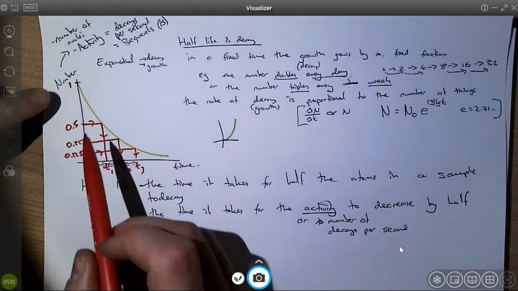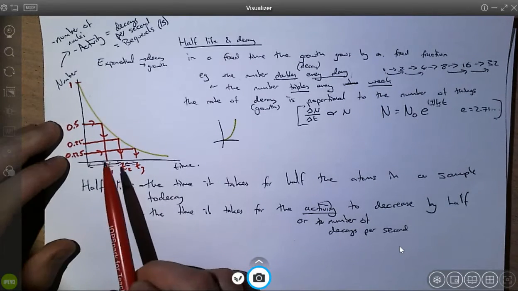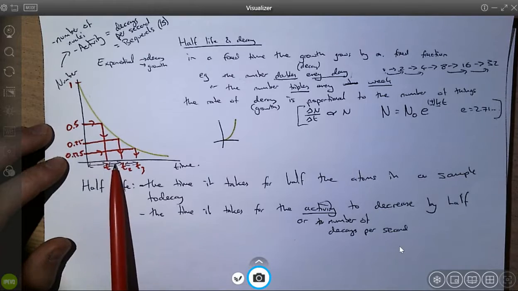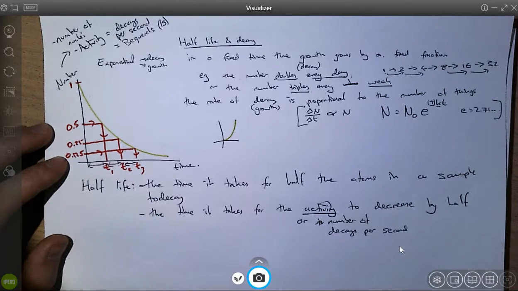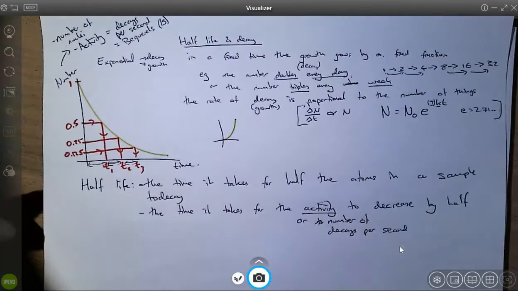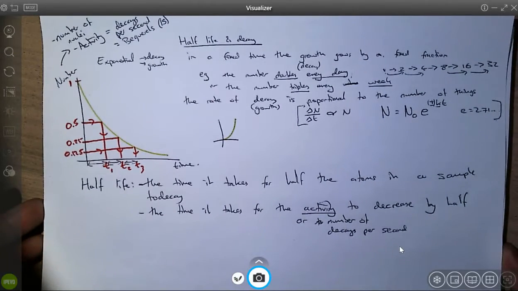So students need to be able to find the half-life from a graph. They need to be aware that if you take multiple readings, you're going to get the same or very similar half-lives, and an average is, of course, an improvement. They need to be aware that you can label the axes in different units.